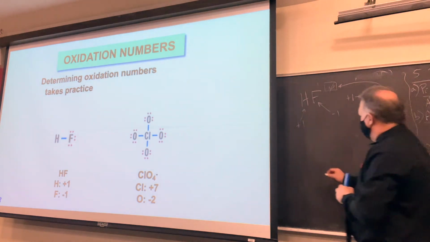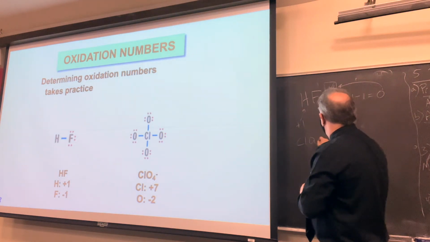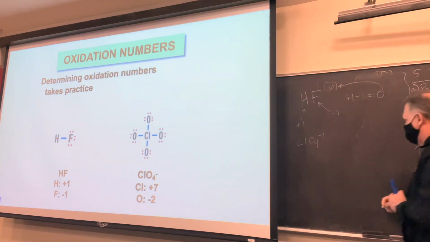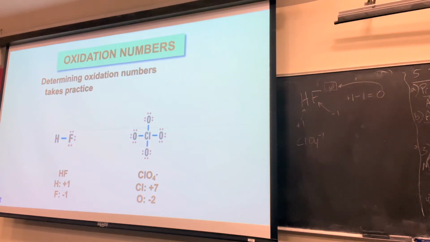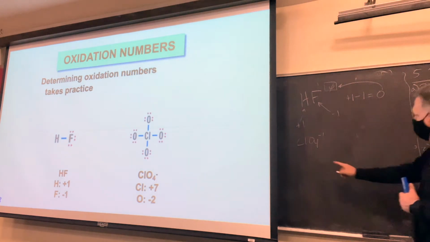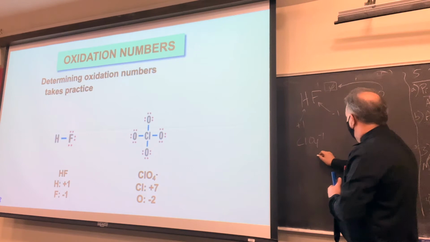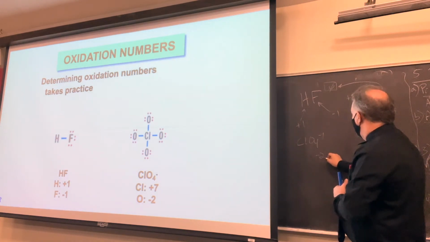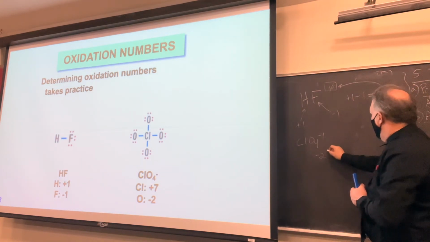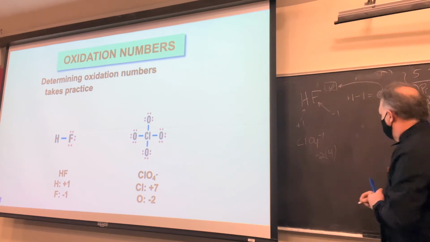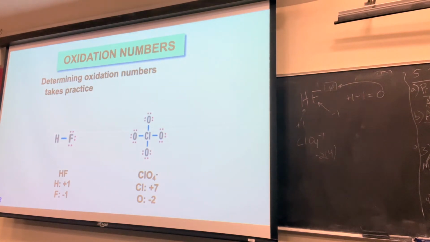Now, perchlorate is ClO4 with a negative 1 charge. If we wanted to find the oxidation number of each one, I would start with the oxygen, because oxygen is almost always negative 2. In perchlorate, there are 4 oxygens, so I take the oxidation number for oxygen, negative 2, and multiply it by 4.